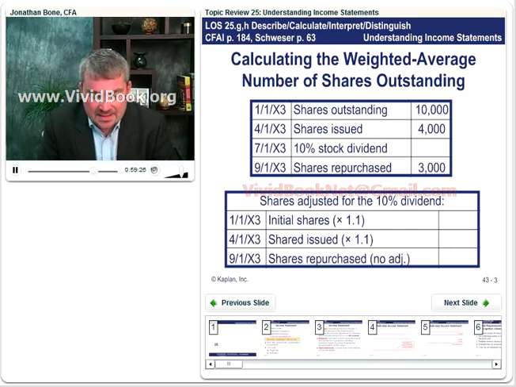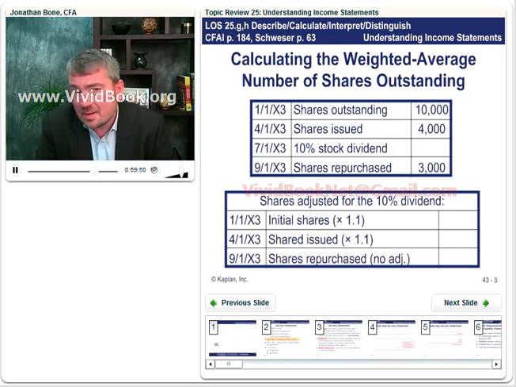Okay, in our following example, we've got the number of shares outstanding at the beginning of the year, 10,000, and that's on the 1st of January. Then we've got on the 1st of April 4,000 shares being issued. Remember again, if you're European, then typically we would read dates as day, month, year, but remember it's an American exam, so you're seeing month, day, year.